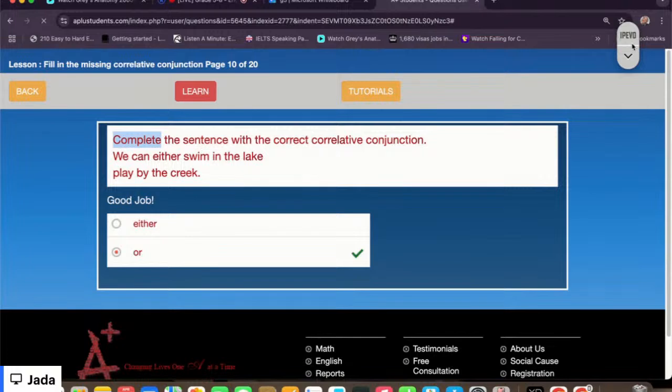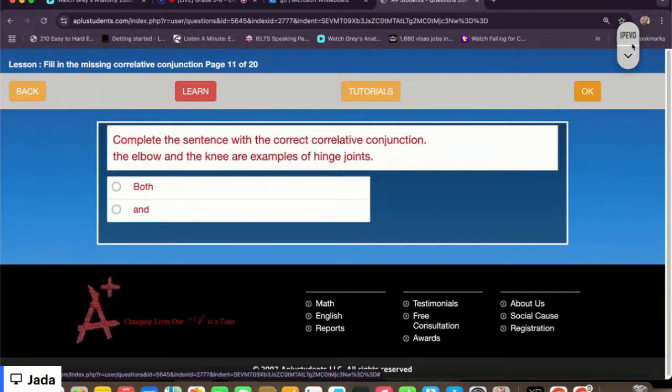Okay. The next one: the elbow and the knee are examples of hinge joints, both, or, and.